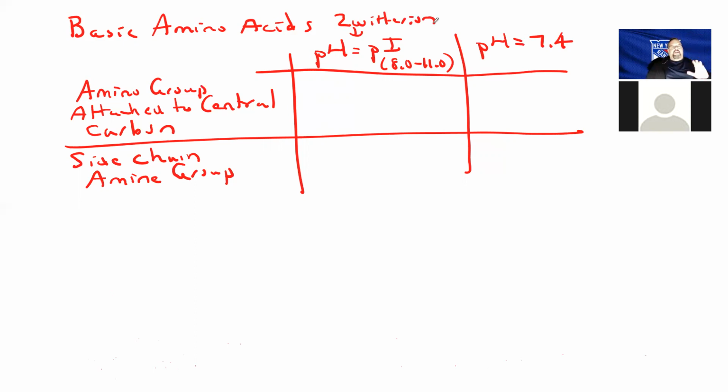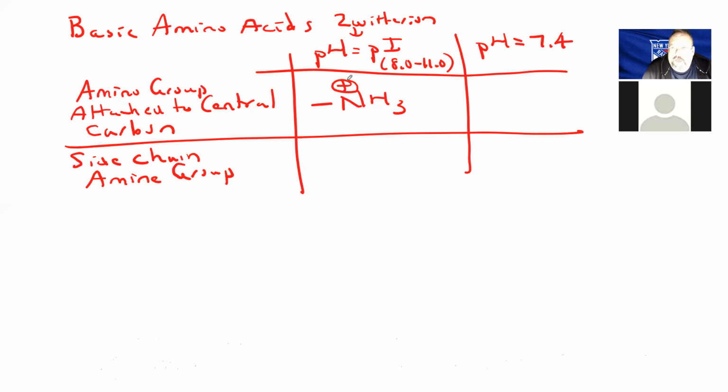Now again, let's start with the Zwitter ion form. Independent of the type of amino acid, if we're in the Zwitter ion form, the amino group attached to the central carbon has to have the form of NH3+. Again, it doesn't matter if the amino acid is acidic, basic, polar, or nonpolar, the amino group attached to the central carbon is going to have 4 bonds and a positive charge.